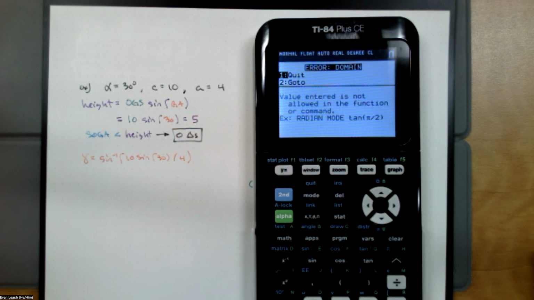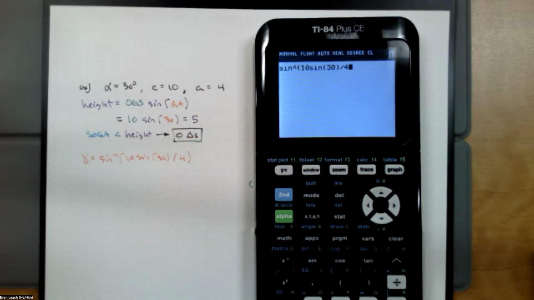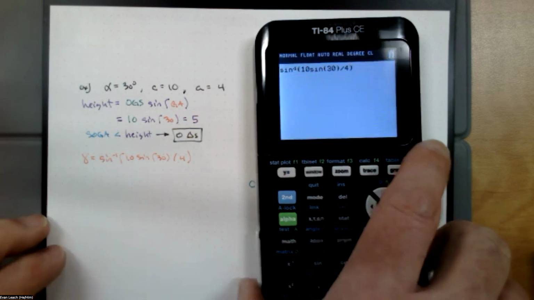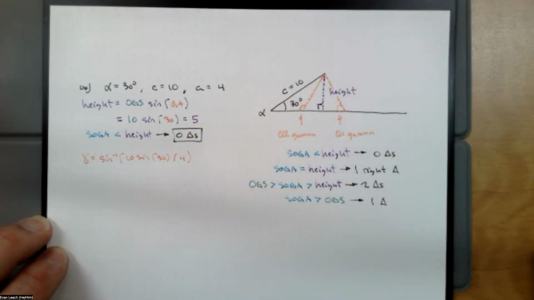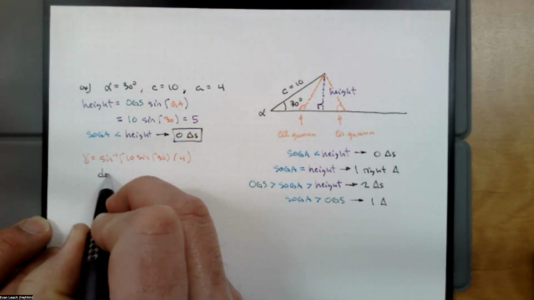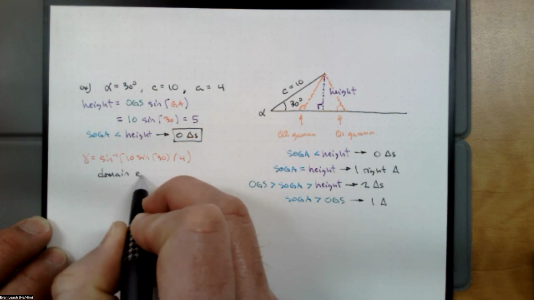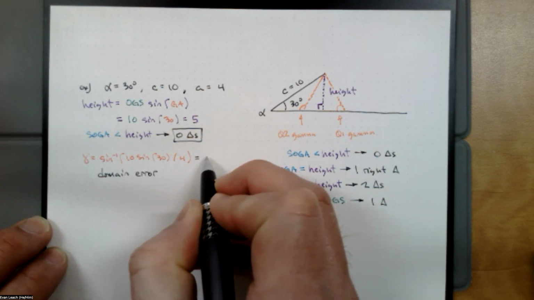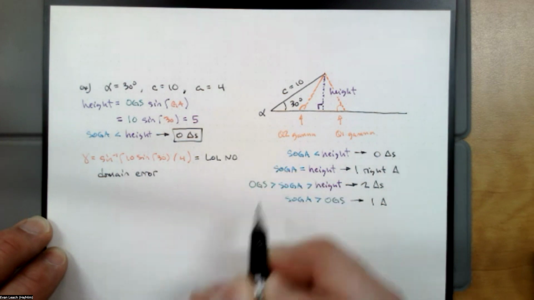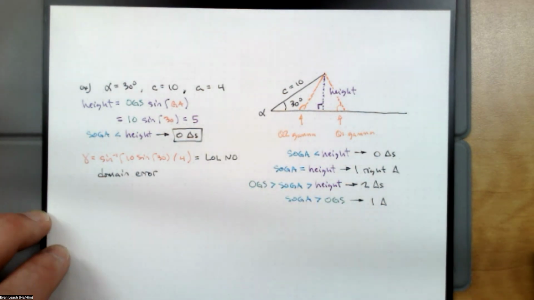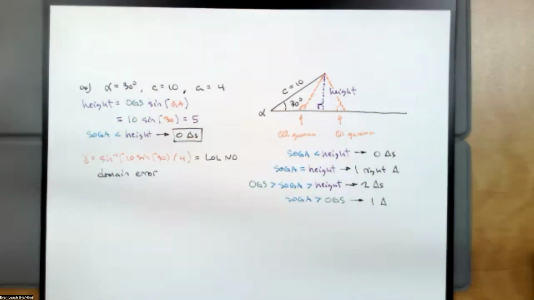So at this point, we say, hang on, did I do that calculation correctly? 10 sine 30 divided by 4. And then I thought, yeah. So since we got a domain error and we did the calculation correctly, that's when we say, ah.